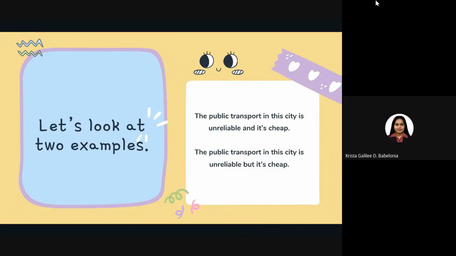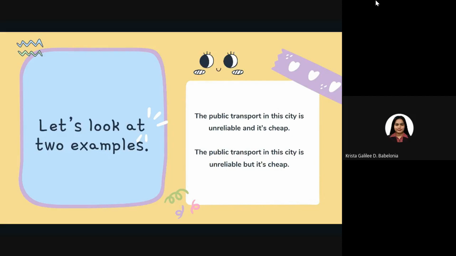The public transport in the city is unreliable and it's cheap. The public transport in the city is unreliable, but it's cheap. Now, there are two cohesive devices in the sentences above, in the screen, I mean, and but. Both give the reader different signals and change the meaning of the sentence.